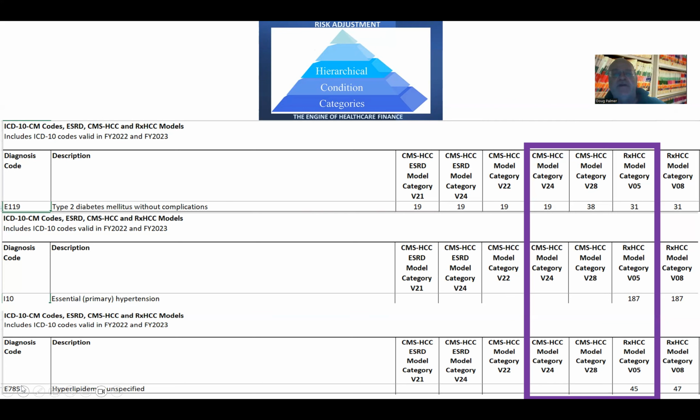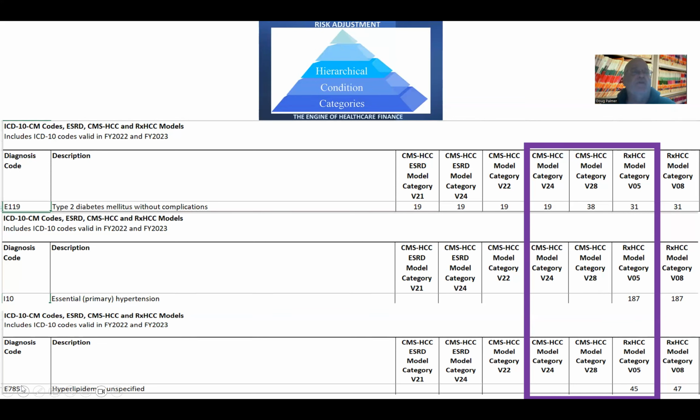But it would be highly advisable to understand how your work impacts this, because HCCs apply to both Medicare and commercial patients, Medicare patients under the Medicare program, commercial patients under the Affordable Care Act. So again, it's under the umbrella of federal regulations. So it's advisable to be knowledgeable in the methodology and your responsibilities under law.